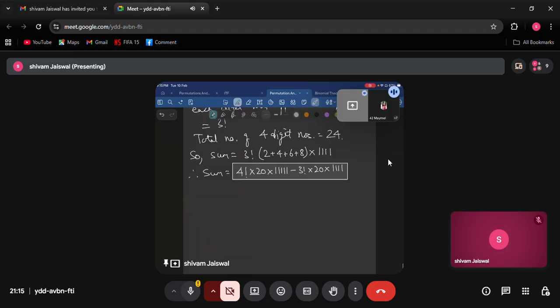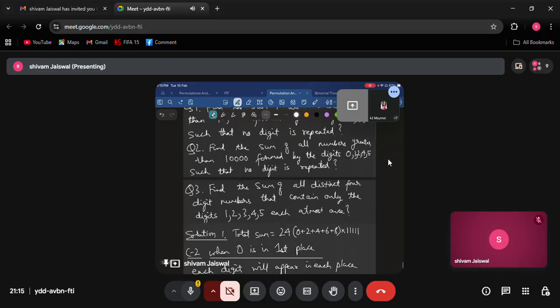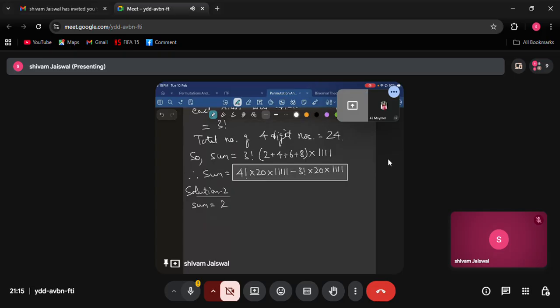See solution number two. The required sum will be equal to 24 into, what is the sum? 0 plus 1 plus 2 plus 4 plus 5, multiplied by 5 ones.